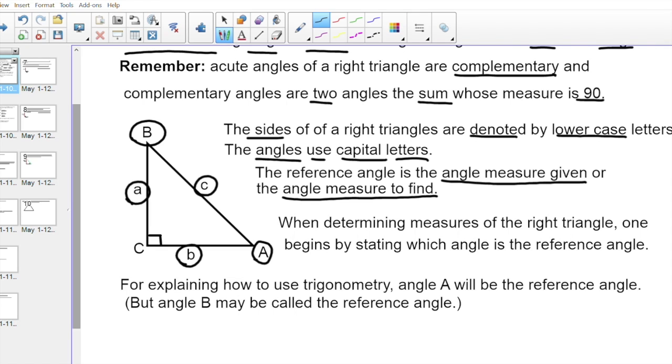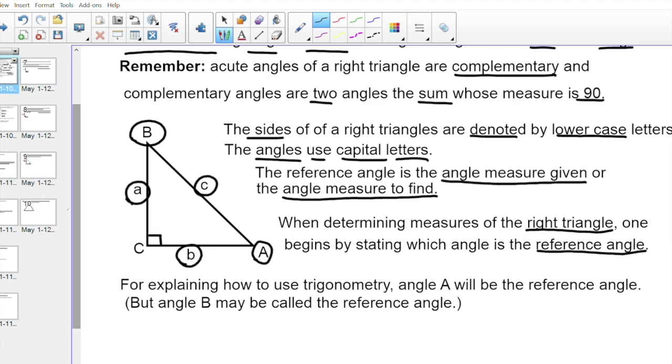So when we are talking about solving problems, when determining measures of the right triangle, a person begins by stating which angle is their reference angle.